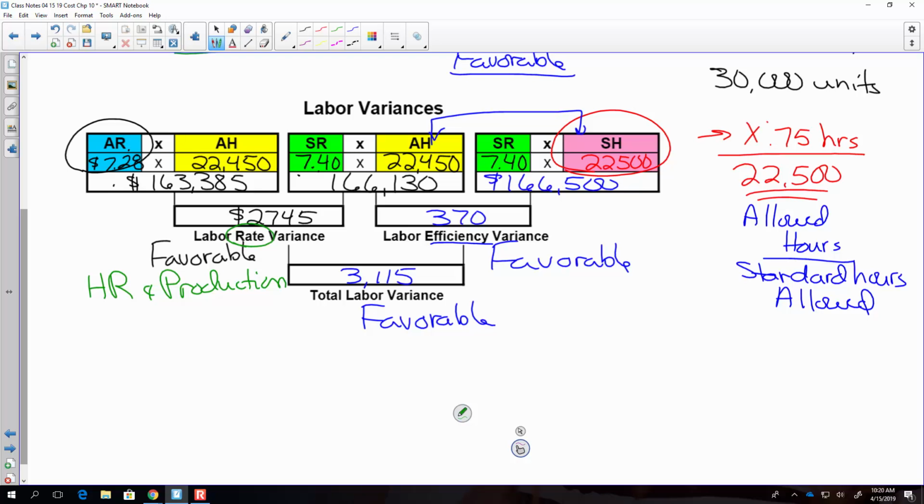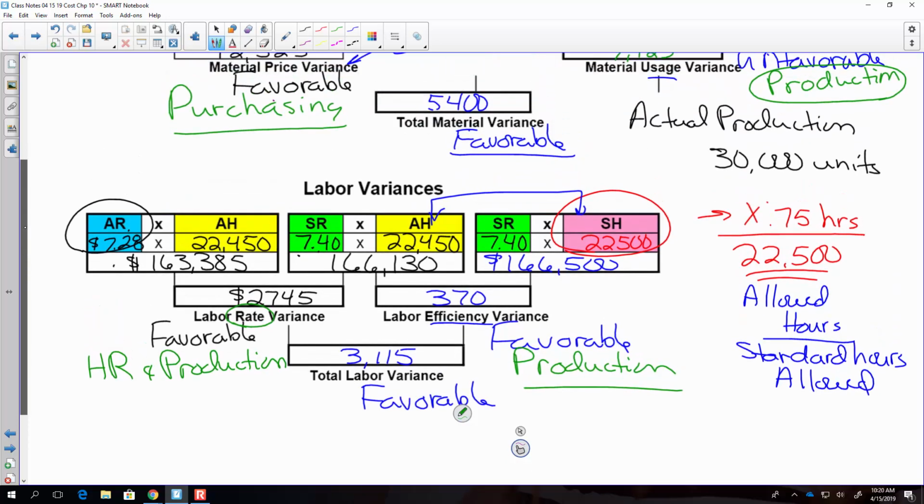Maybe there were some skilled employees that were put on unskilled work. They're involved in that assignment. So that's why production is involved. And obviously here, production is involved with the efficiency variance. So you need to know that as well. In both cases, these are favorable, so they did very well, right? So again, you can show the positives as well when they do well.